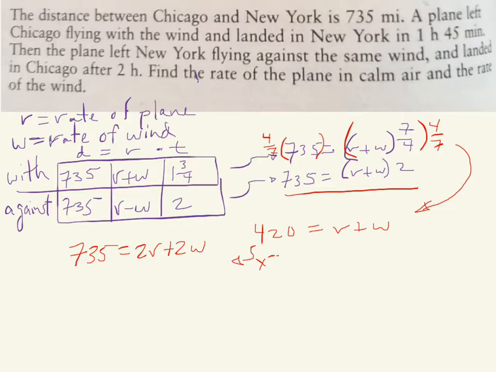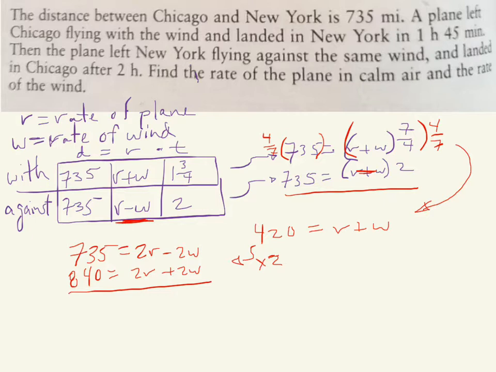Sorry, I missed a minus. Right here is a minus. I'm going to have to fix that. 2R minus 2W, because it came from this one right here. So I'm going to multiply this one times 2. So I'm going to get 840 equals 2R plus 2W.